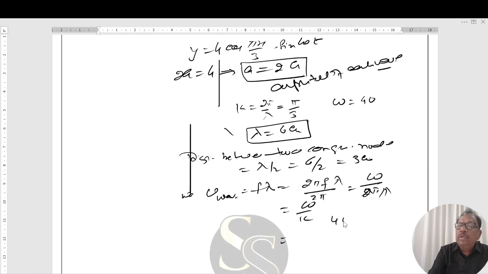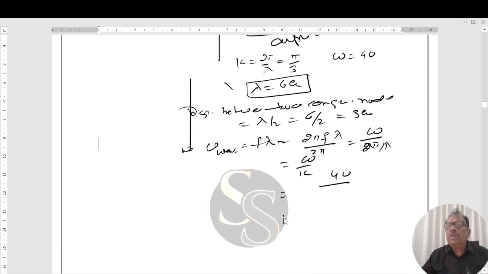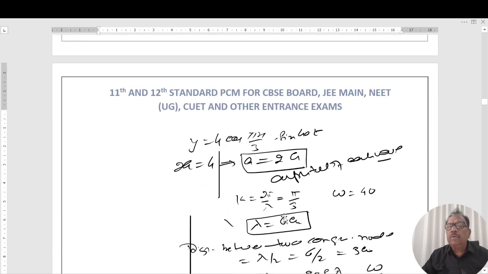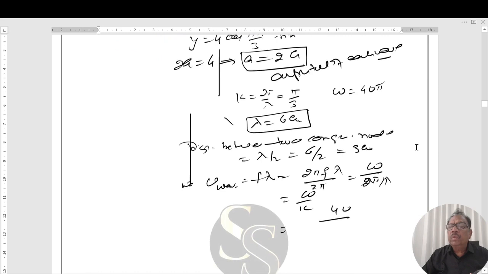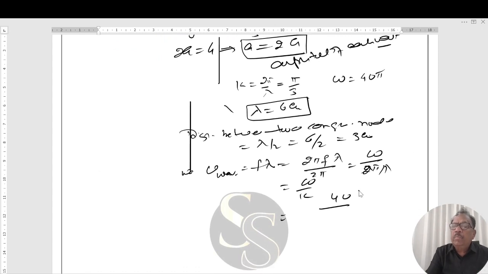Here omega is 40 pi, since the term is 40 pi t, and k is pi by 3.